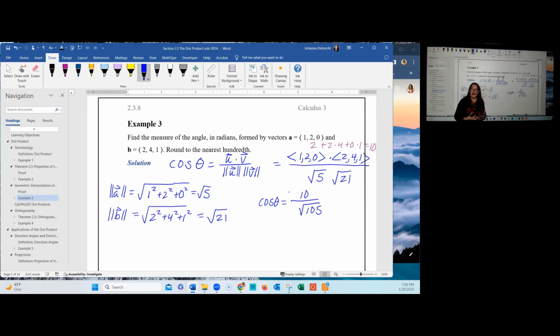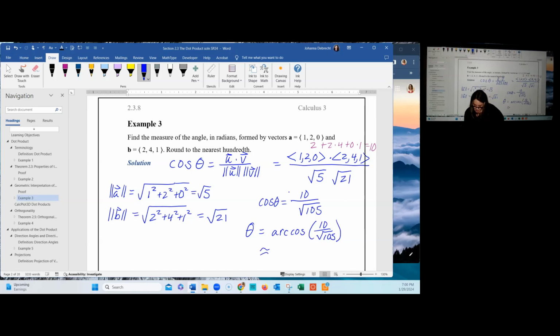Now I want to find the angle itself, so I need to apply the inverse cosine function, and remember that this typically gives us something in radians. Theta is going to be the angle whose cosine gives me 10 over the square root of 105. Because it's a positive number, I know it's in quadrant 1.